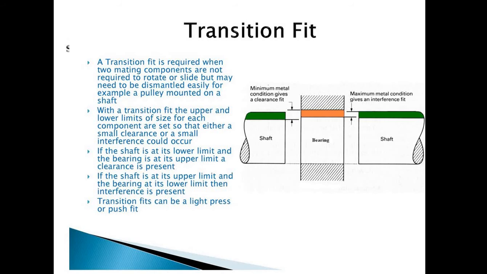The distance between this line and this topmost line is the maximum size of the shaft. Similarly, these sizes correspond to the sizes of the hole. The distance between this line and this line is the minimum size of the hole. Then the distance between this line and this line is the maximum size of the hole.